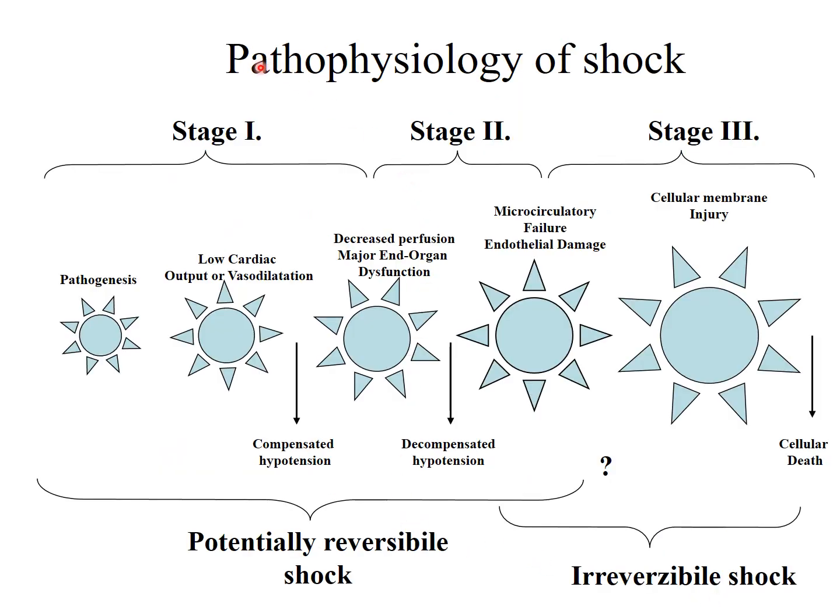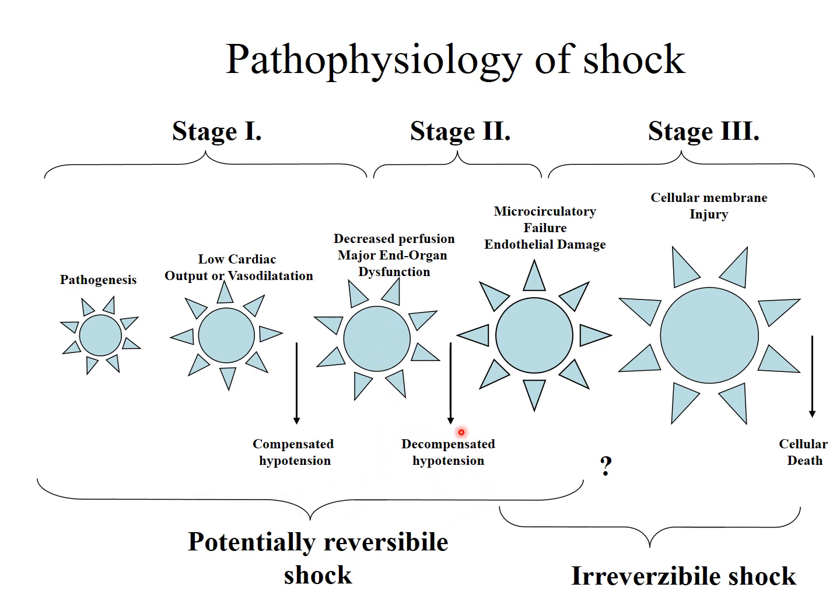Now, these are the different stages based on the pathophysiologic events. First of all, there is some reason why the perfusion is altered, such as low cardiac output or vasodilation, and that can be compensated. Because of the decreased perfusion, major end organ perfusion dysfunction is happening, but it is still potentially reversible.